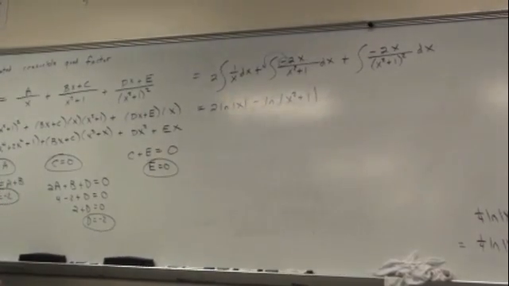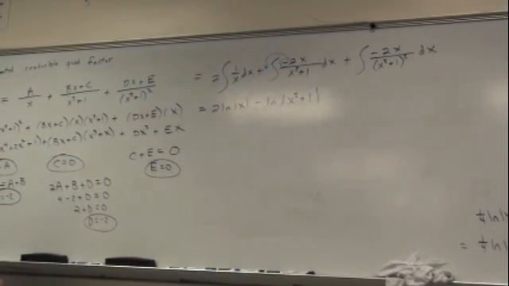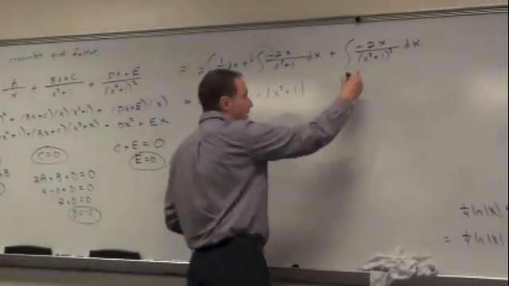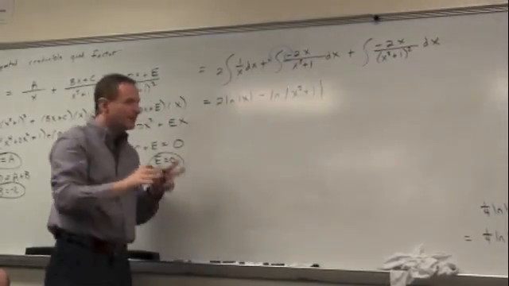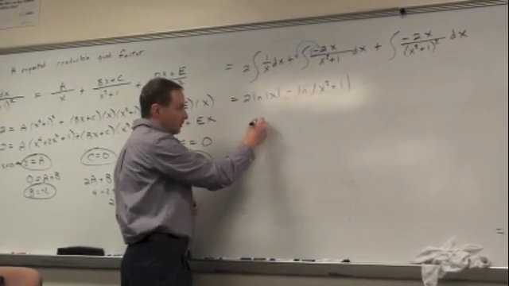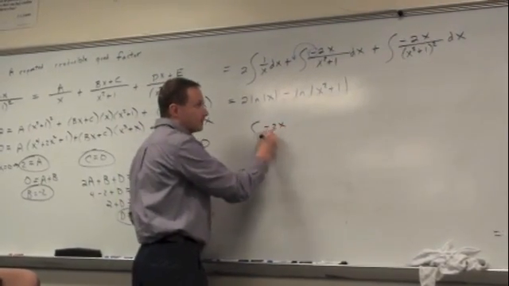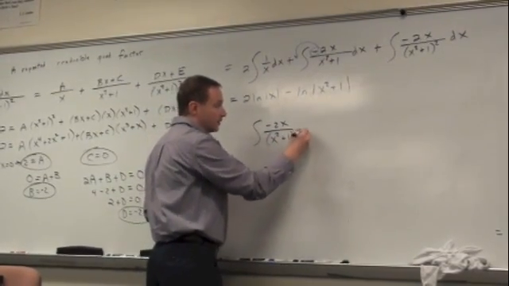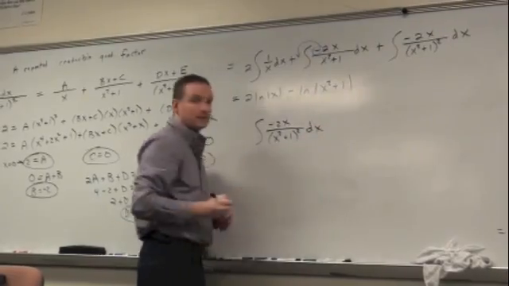I move to that last term. This is the one I need to work with. If you wanted to pull it aside or something, I'm fine with that. I'm going to pull it down here and say, I need to work with that negative 2x over x squared plus 1 quantity squared. Say that again, please.